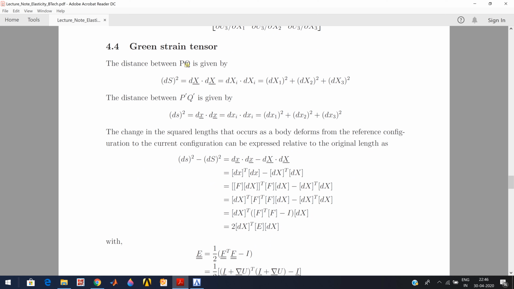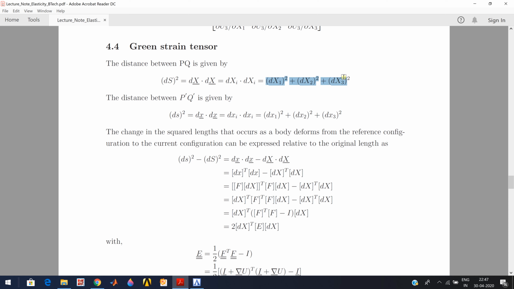So the distance PQ, actually the square of the distance, d capital S squared, equal to, we know the square of the magnitude of a vector is the dot product with itself, so that is d capital X dot d capital X, which is this one.